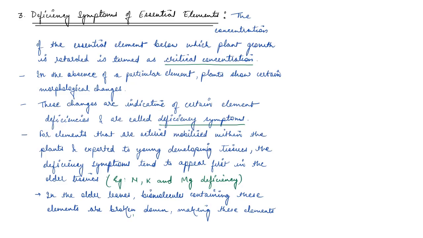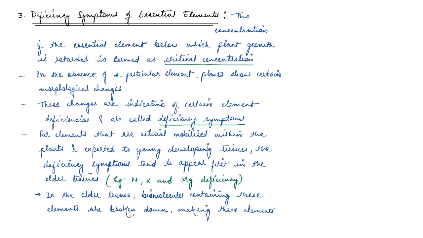So guys, in today's video, we are going to discuss what deficiency symptoms are caused if the essential elements are limited, right? We'll study that, and then we'll also study the toxicity of some micronutrients.